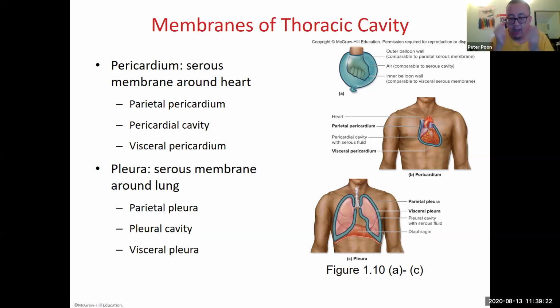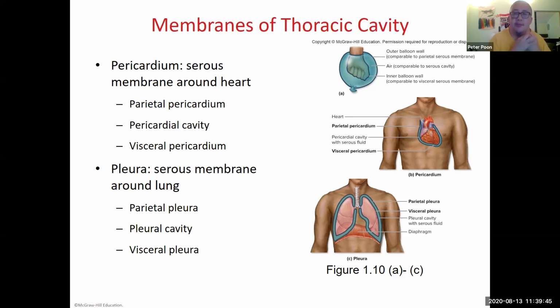So what you want is two layers that are close to each other, but in between the layers is fluid. When you rub against fluid, you have very little friction, which is good.